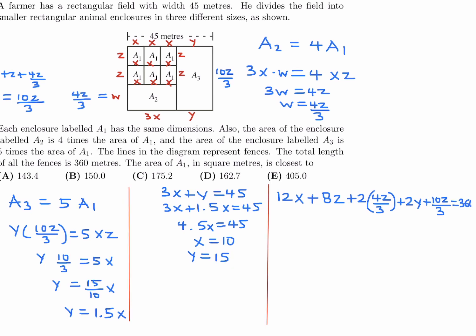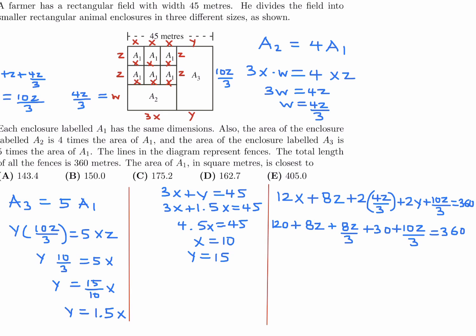Okay, so I think I can figure this out. Let's just do this basic algebra. Well, we can substitute in these guys. That will be very helpful for us. So that will be 12 times 10, which is 120. 8z, well, z I don't know. This is 8z over 3. 2y, that's going to be 2 times 15, so 30. 10z over 3, and then that's 360.